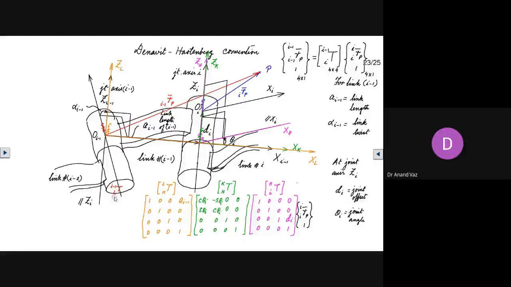This transformation matrix given by T, it is just a pure rotation. The origins are coinciding, and so this part will be 0, 0, 0, 1.